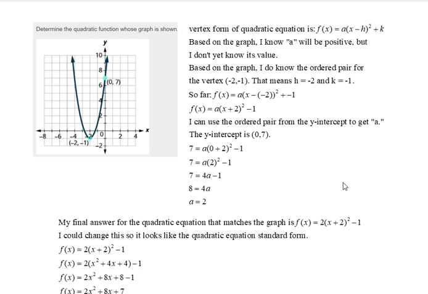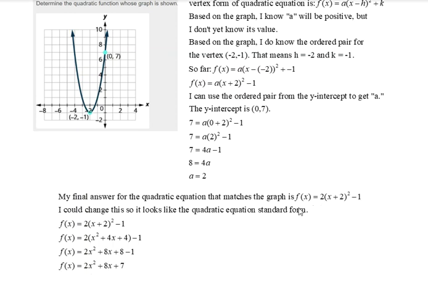I take that information along with my h and k, and this is the equation in vertex form that matches that graph. Now, if I had my heart set on it, I could take this and massage it a little bit and change it into quadratic standard form. So there it is, and this is (x plus 2) squared.